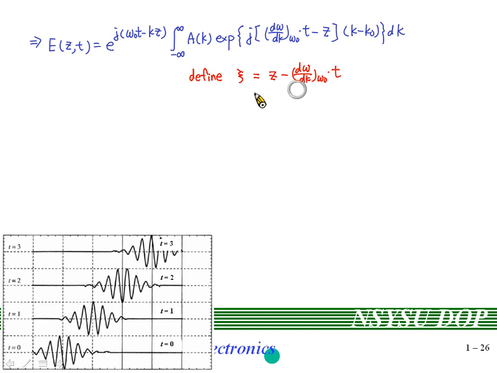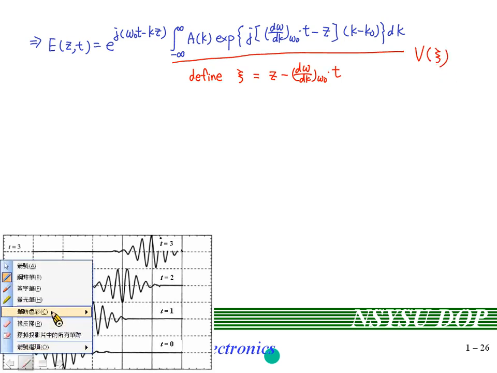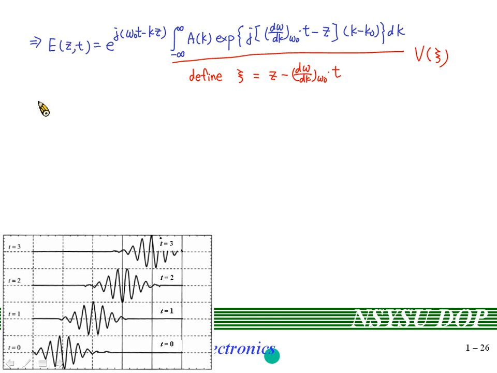As we have defined the parameter psi here, the long integral can be regarded as a capital V function of psi. Then the above E function can be expressed in a very simple way like this. It looks like a V function propagating in the z direction like a plane wave.